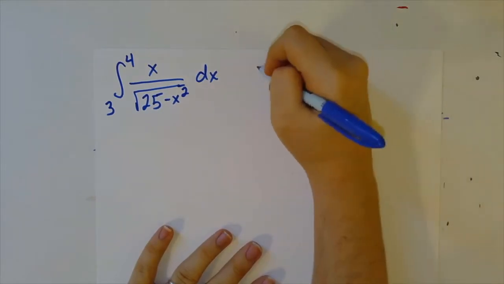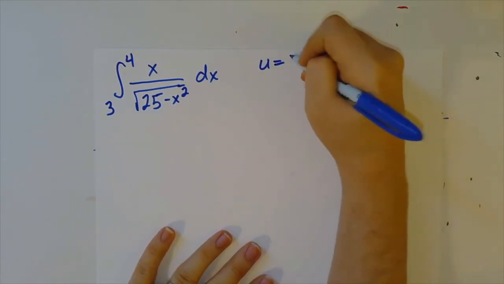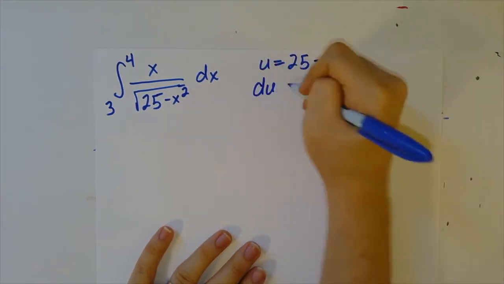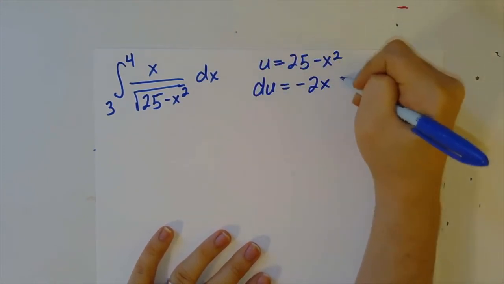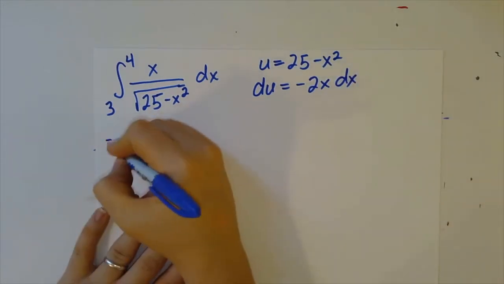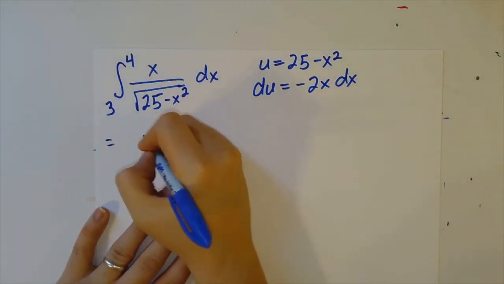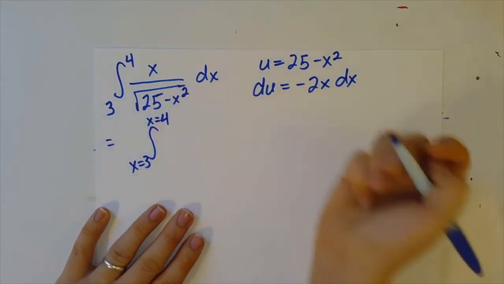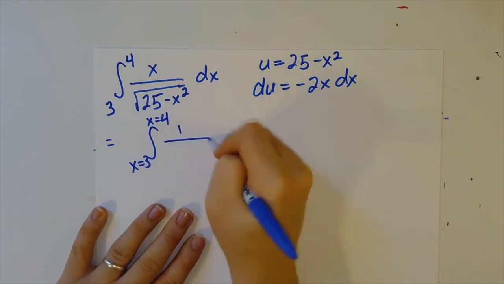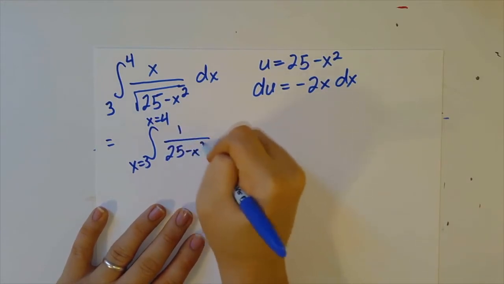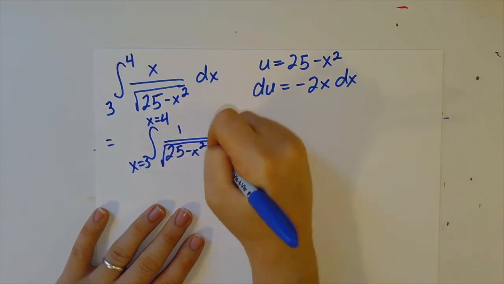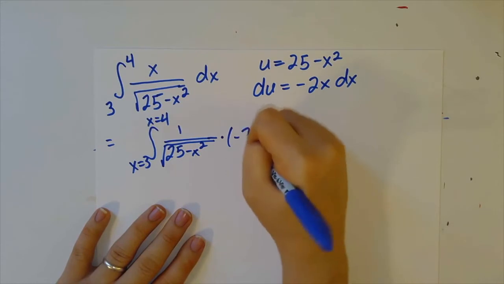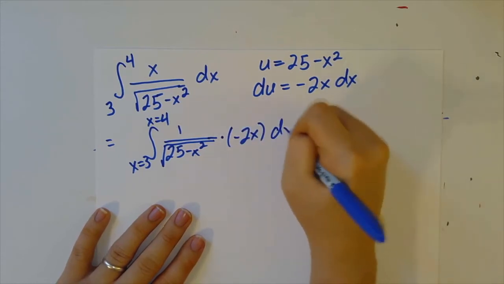So I'm going to take my u here to be 25 minus x squared. So then my du is minus 2x dx. I'm going to move some stuff around. So this is the integral from x equals 3 to x equals 4 of 1 over the square root of 25 minus x squared times minus 2x dx.